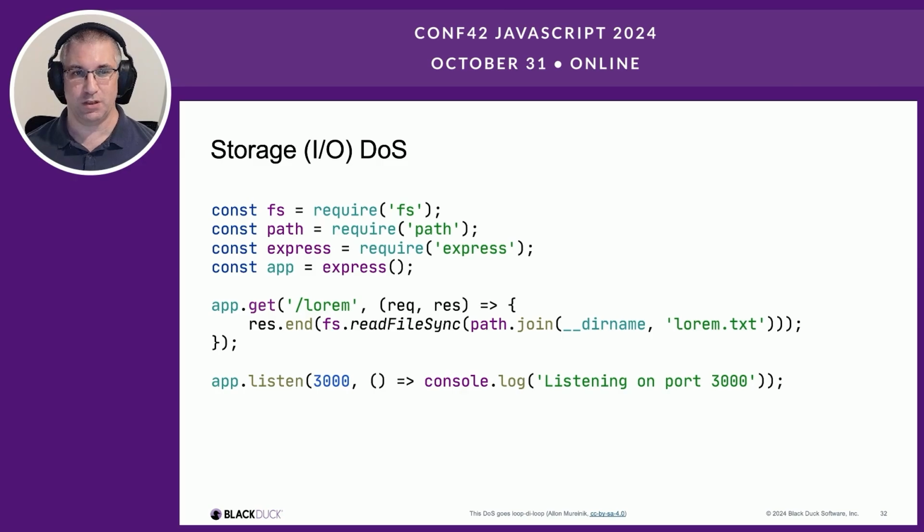Just read the file from disk and return it back in the response. Now, of course, this is a really stupid application. If this were a real use case, I'd read this file once, store it in memory, cache it. But for the demonstration's sake, this is a valid way to implement such an application. And if this weren't a demo, you can think about an application that has various files to read or whatever.